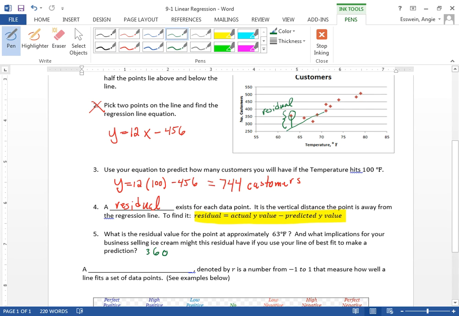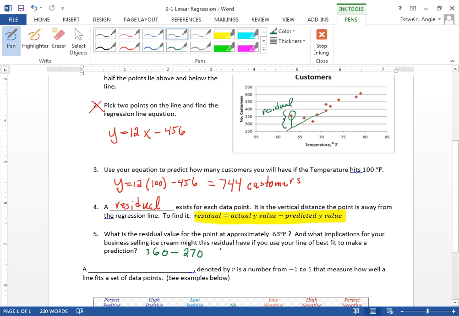You can take this: the actual was 360 customers, but what did our model tell us approximately? Does that look like it, okay, the actual is a little lower on this line. So let's say 270.